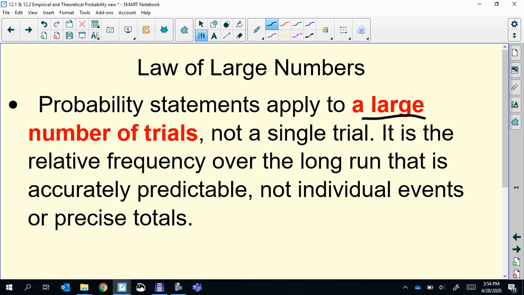That's not going to guarantee that it's going to be 50-50, or that it's going to alternate heads, then tails, then heads, then tails, that sort of thing. But if you did it a lot of times, it would work out to be the correct amounts.